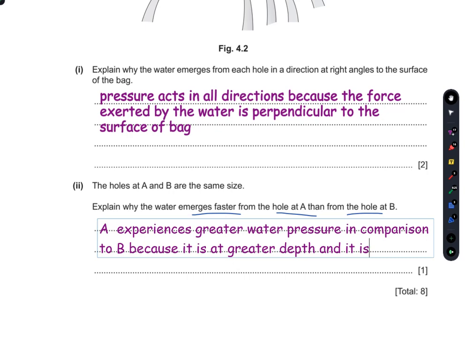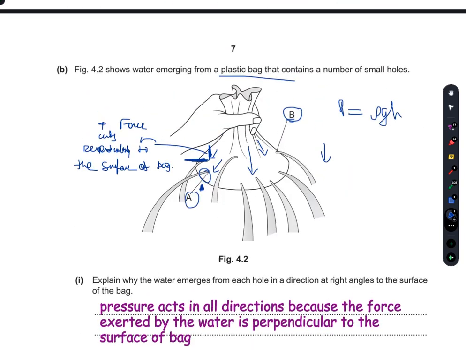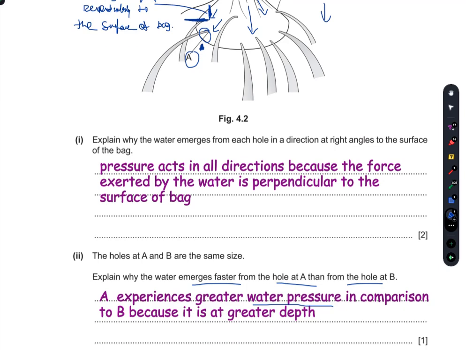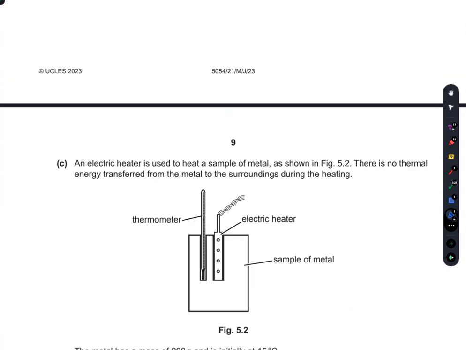Because it is at greater depth, it experiences greater water pressure, and this greater water pressure is responsible why water emerges through A faster in comparison to B. So that's your answer here.